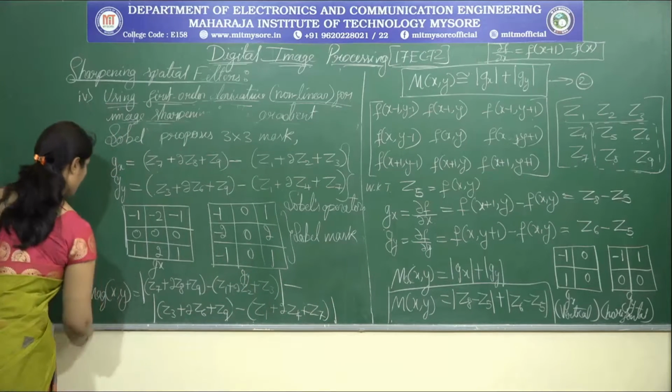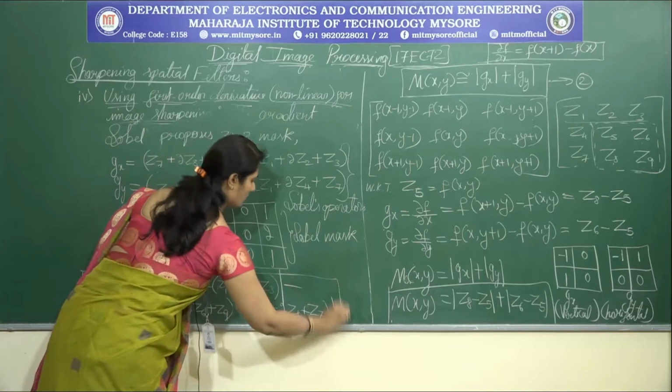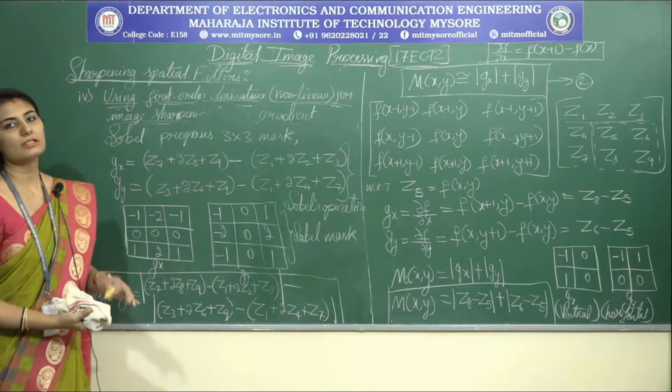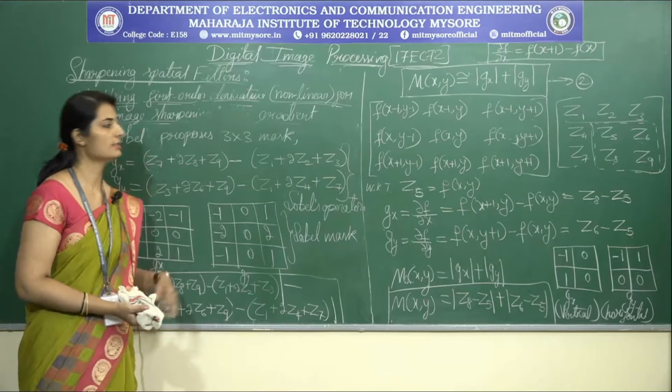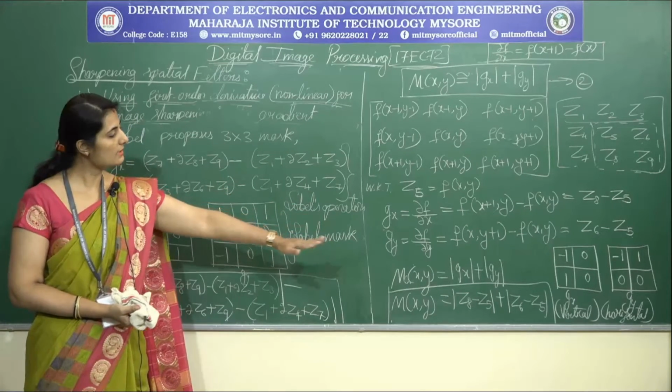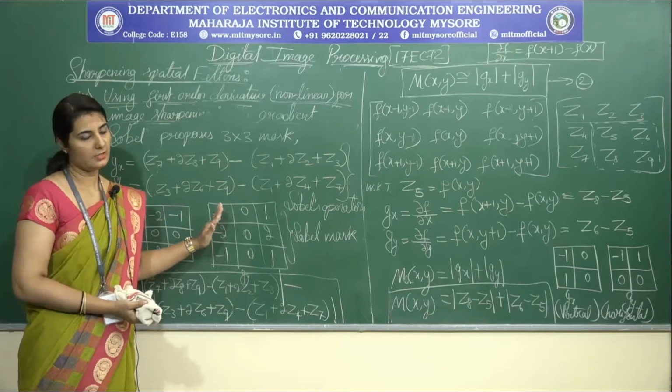Okay. So this is the magnitude of this mask. So this is how we can obtain the 2 cross 2 mask as well as the 3 cross 3 mask.